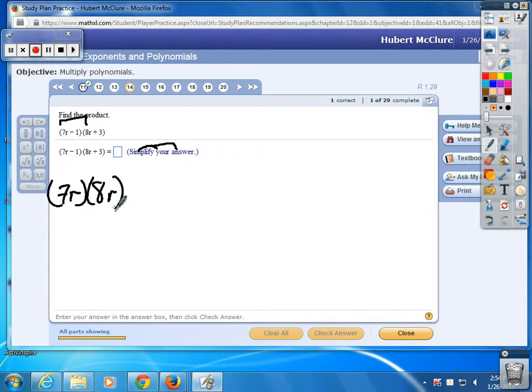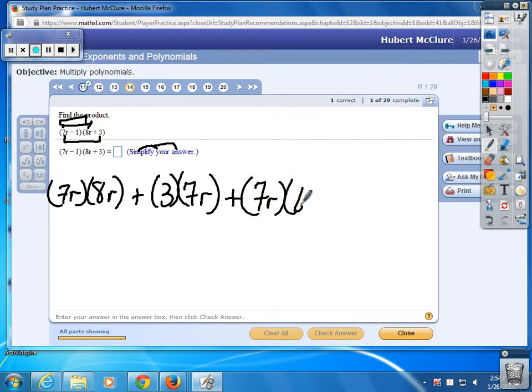Outer or outside, depending on where you're from, plus 3 times 7r. Inner or inside, 7r times 8r. And then last is negative 1 times positive 3.